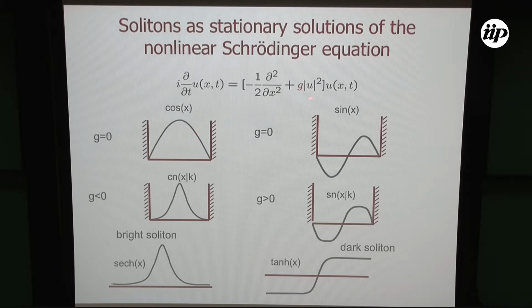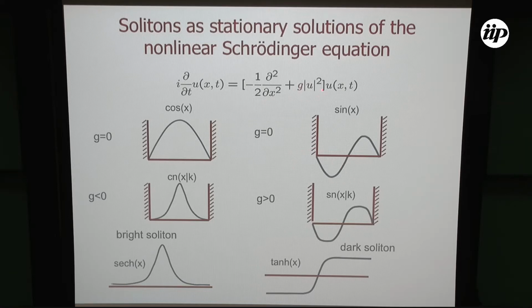For example, if this nonlinearity parameter G, corresponding to interactions in Bose gases, is turned negative, attractive, then you will have a deformation of the cosine wave to Jacobi elliptic functions, and eventually you can take even the boundaries away and get a hyperbolic secant, which is a localized wave solution.